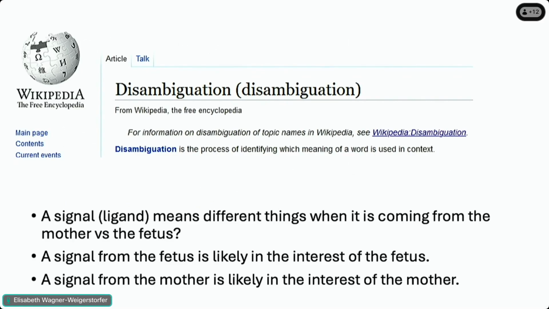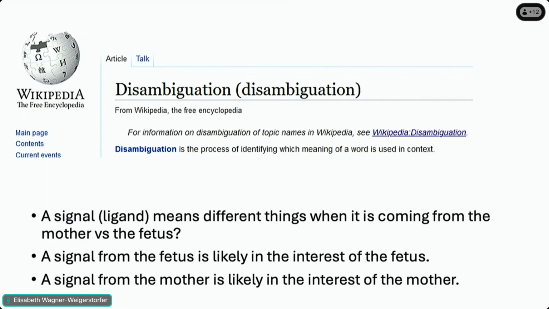So in this case, a signal or a ligand means different things biologically when it's coming from the mother versus the fetus, right? The fetus usually wants to have resources, the mother wants to regulate what's going on. So the same molecule can mean different things whether it comes from the mother or the fetus.